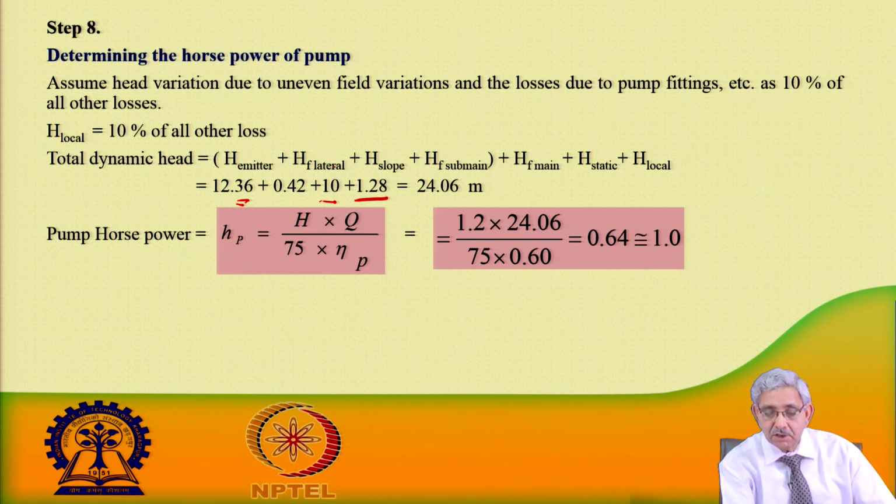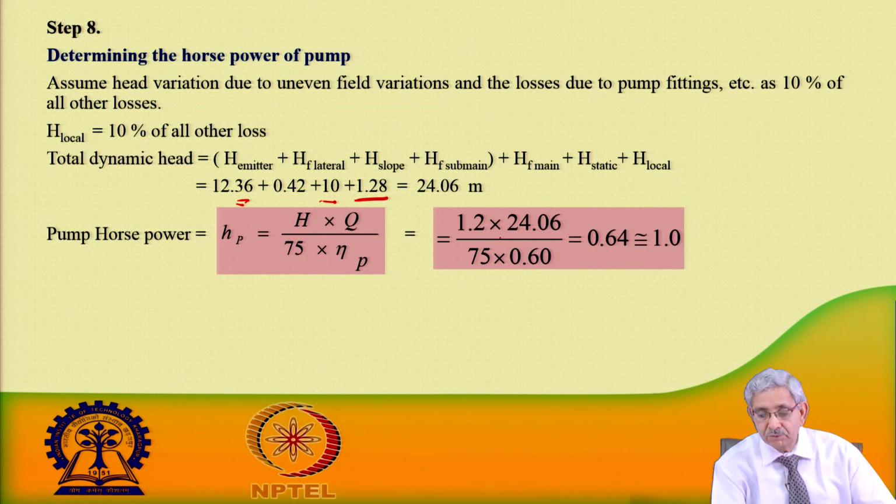Now, the horsepower requirement can be calculated by using the expression with the total dynamic head H, which has all these components explained here: the head required at the inlet of the submain pipeline, 12.36, plus head loss due to friction in the main pipeline, H static plus H local. So, this is 24.06 meter, and then the discharge in liter per second is 1.2, and 75 divided by the pump efficiency.